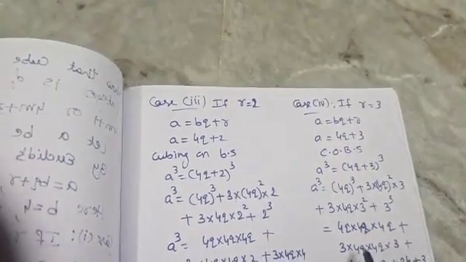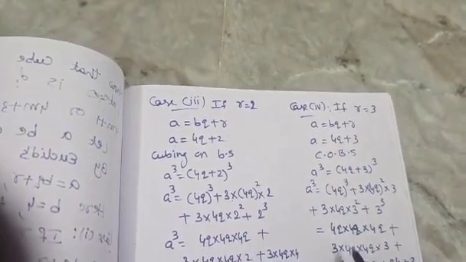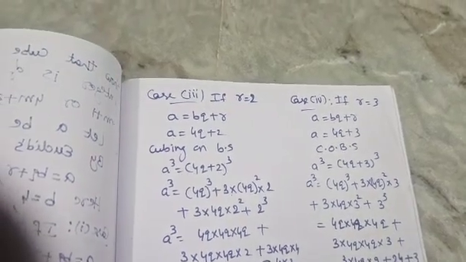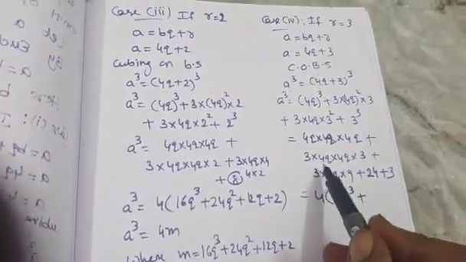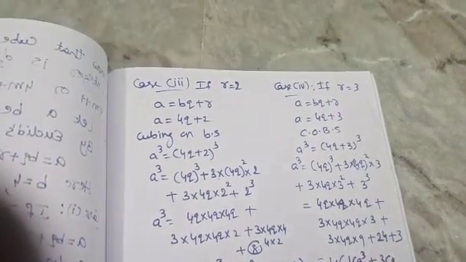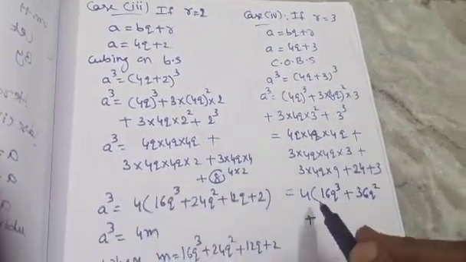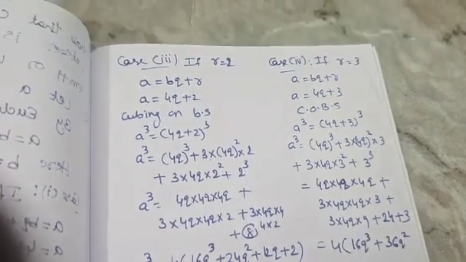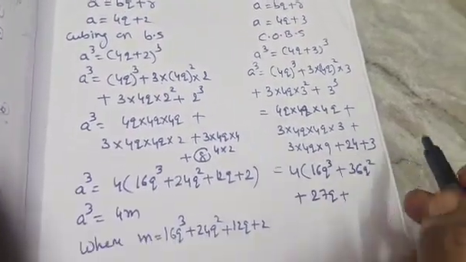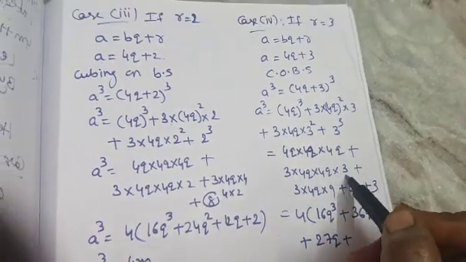Okay. Here we have to take 4 common. If you take 4 common, 4 4s are 16, q cube. Here you take 4 common, 3 4s are 12, 12 3s are 36, q square. Here if you take 4 common, 3 9s are 27, q, plus here 24 can be written as 4 into 6.